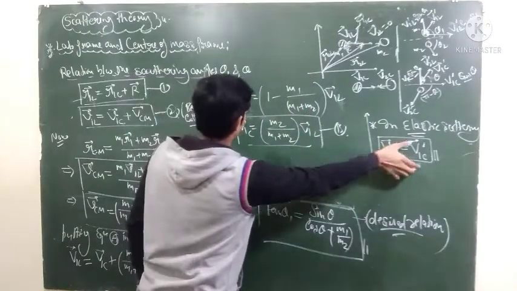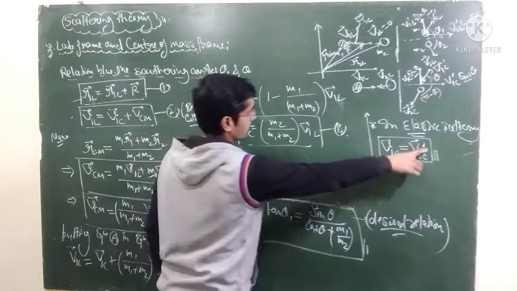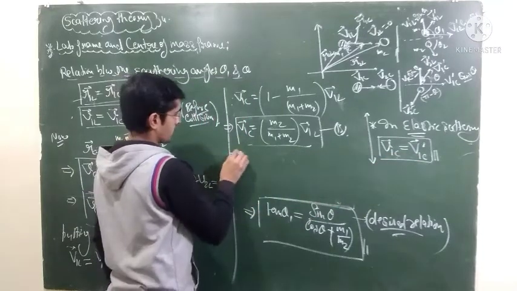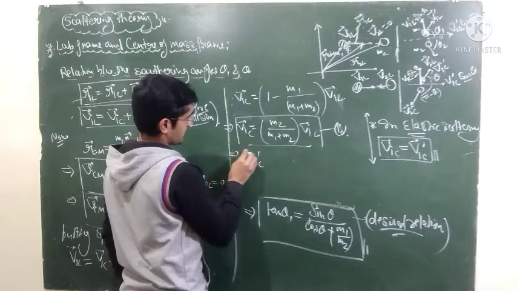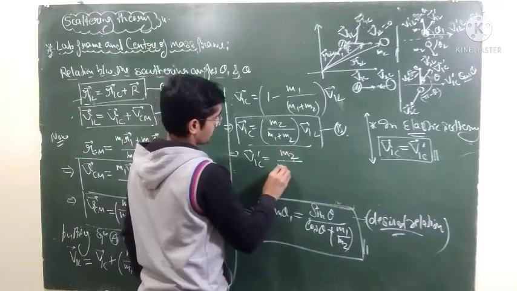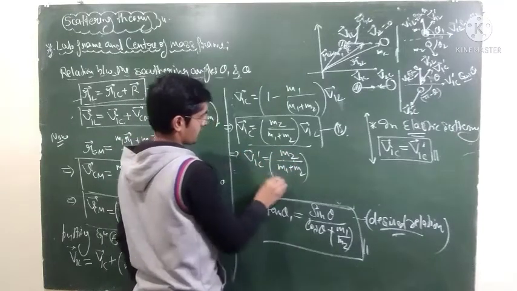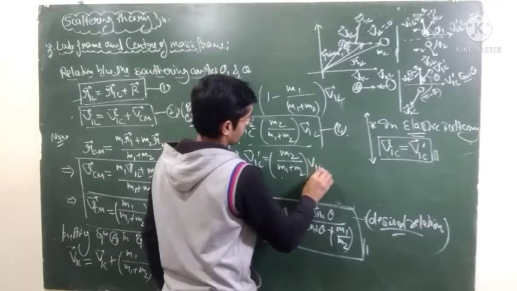And you can replace this particular term by V1C dash, so it can also be written as V1C dash equal to M2 over M2 plus M1 into V1L.